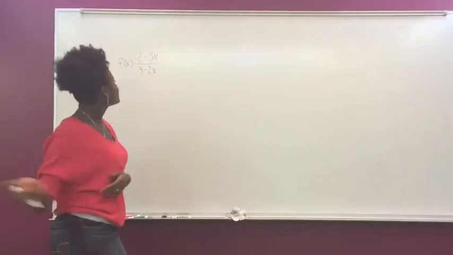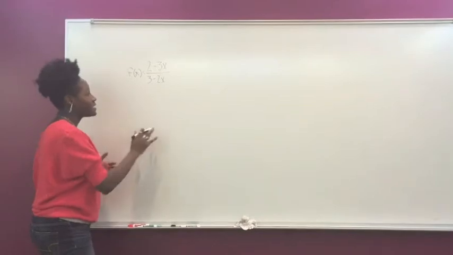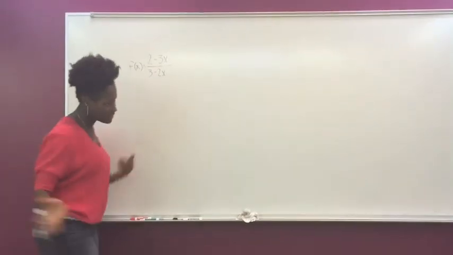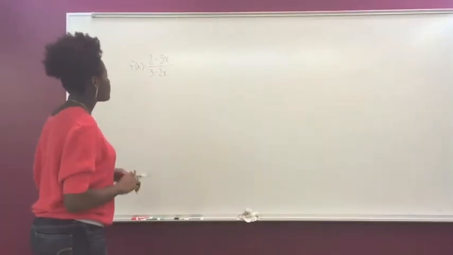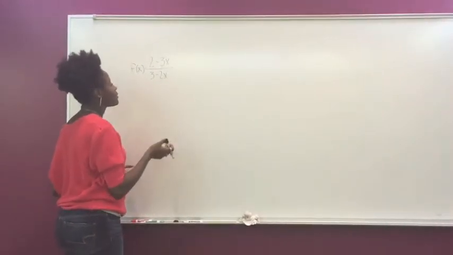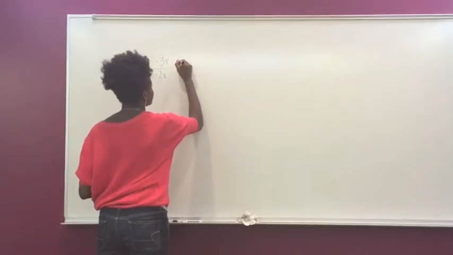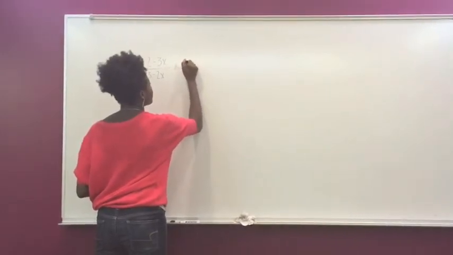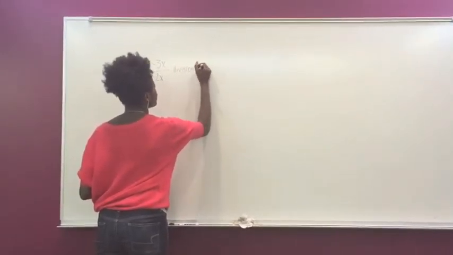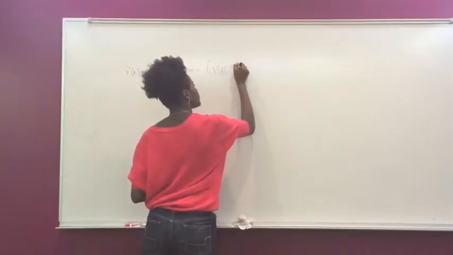So what are you going to do when your calculus teacher gives you a function like this and says, find the derivative? You would use the quotient rule, and you know that because these two functions are separated by division. So whenever you see a division sign, you know that you need to do the quotient rule.